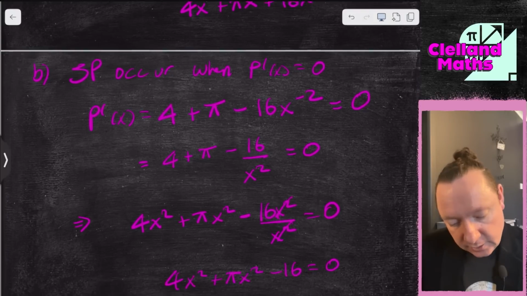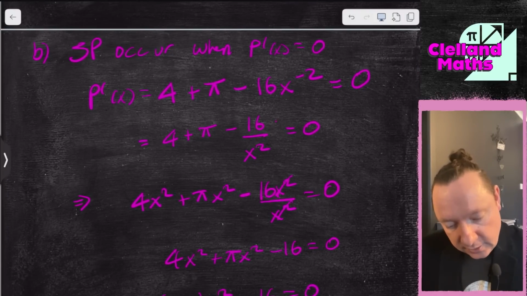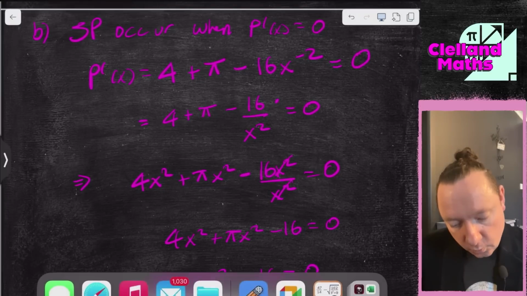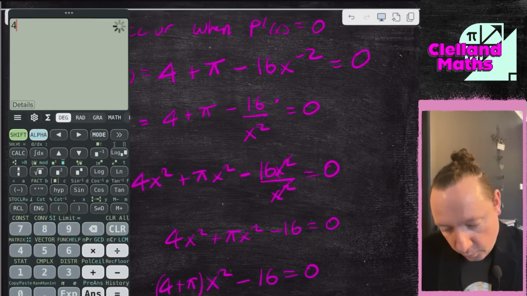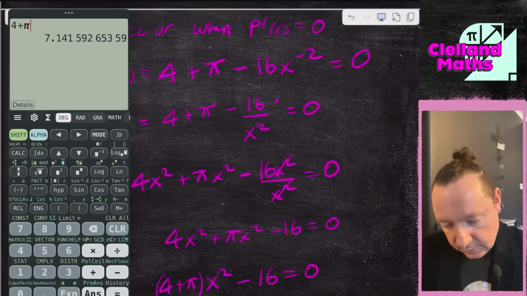So P dash of x is this. Putting 1 in, we get 4 plus pi minus 16 over 1 squared. That's a negative number.